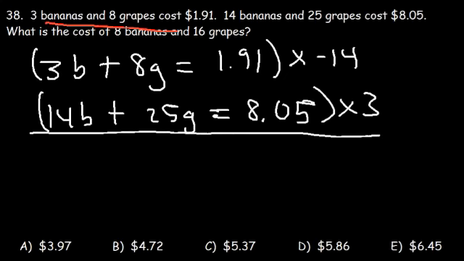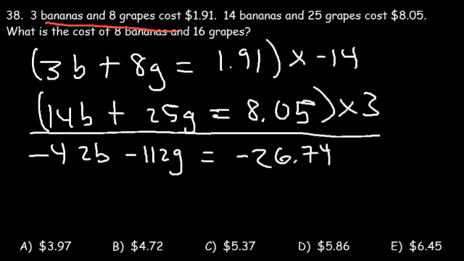So negative 14 times 3b is negative 42b, and 8 times negative 14 is negative 112g. And 1.91 times negative 14 is about negative 26.74.